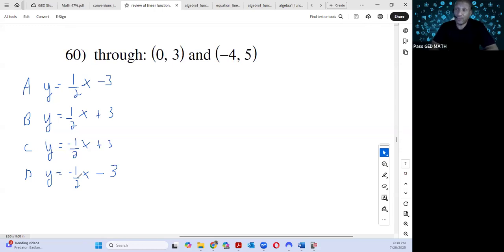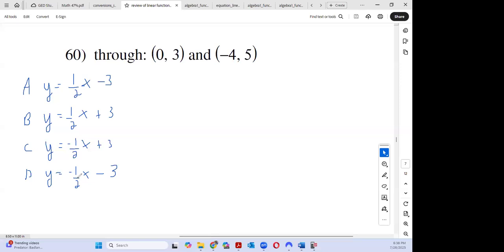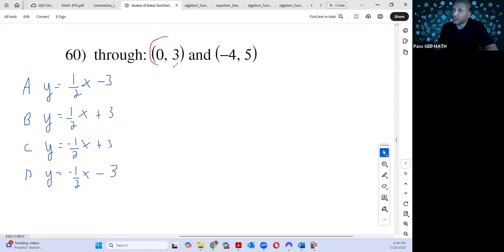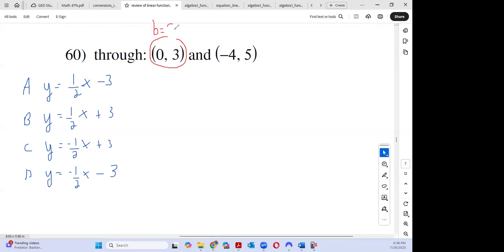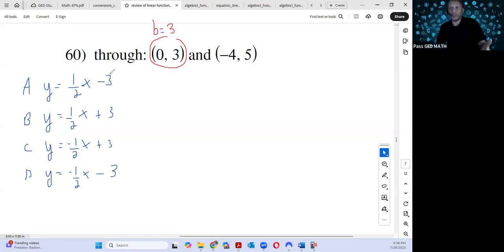You can get rid of A. Why A? Because it's -3 at the end. Because we know when x is 0, that's what my y-intercept is. So what this is telling us is that our B, our y-intercept, is 3. Here in A, our y-intercept is -3. So we know it's not A.